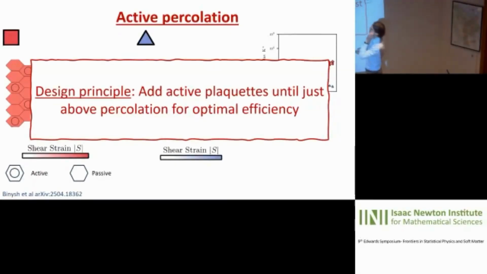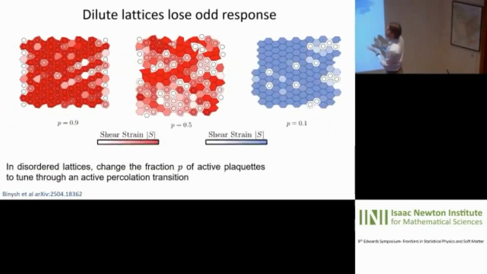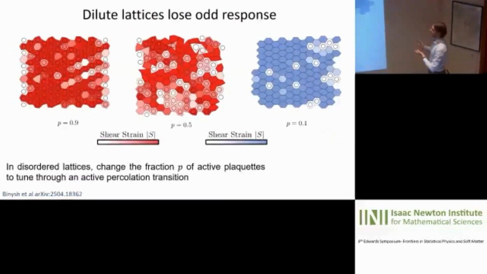All right. So then let me tell you why we thought it was an active percolation type transition. Rather than looking at different ordered lattice structures where it's difficult to tune the fraction of active hexagons, you could look at the disordered case where you randomly place these active hexagons, and then you are able to tune through this transition continuously.